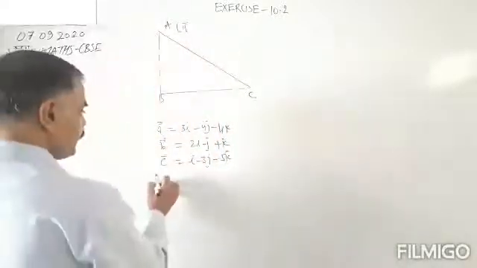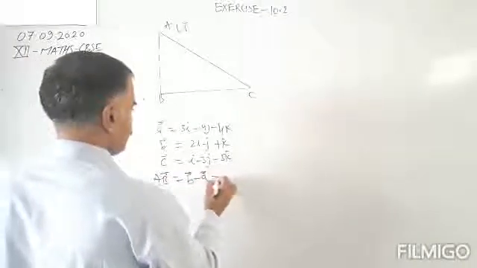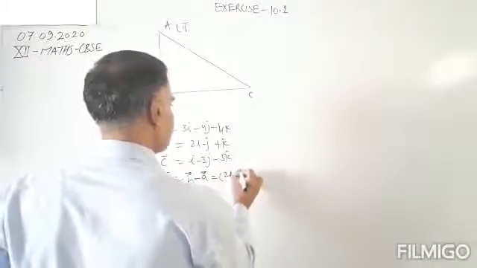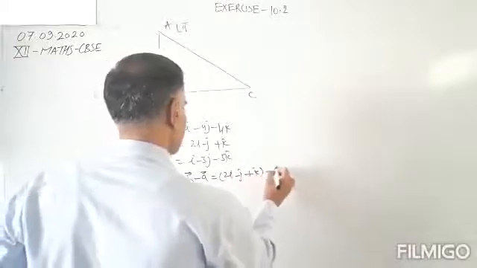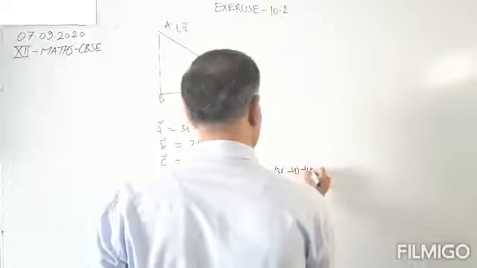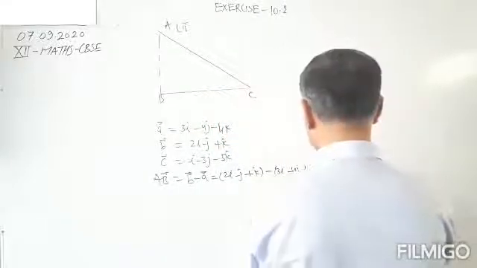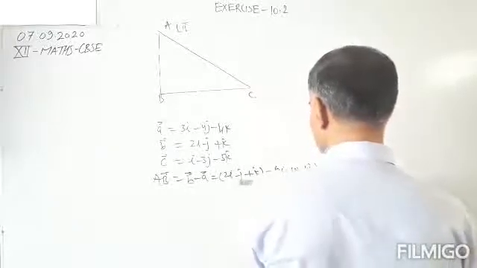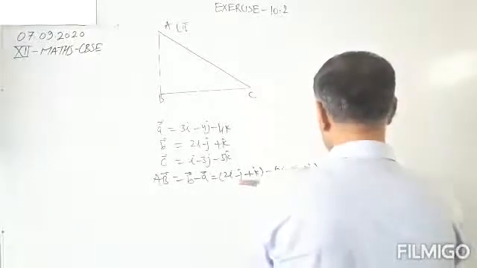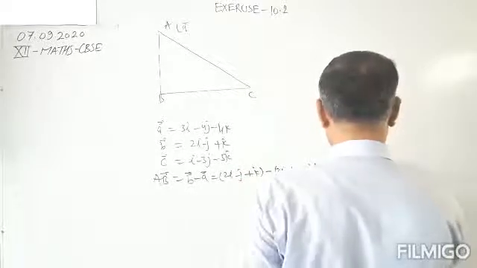So AB vector equals B vector minus A vector, that is 2i cap minus j cap plus k cap minus (3i cap minus 4j cap minus 4k cap). After solving this we have 2i minus 3i, that is minus i, minus j plus 4j, that is plus 3j, and plus k plus 4k, that is plus 5k.